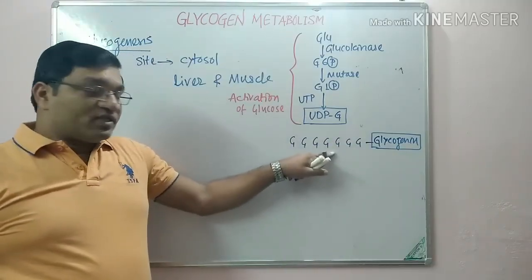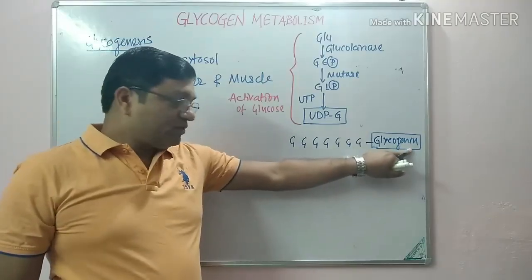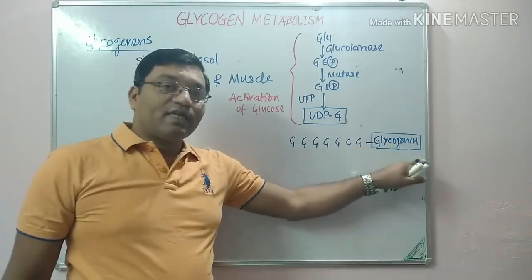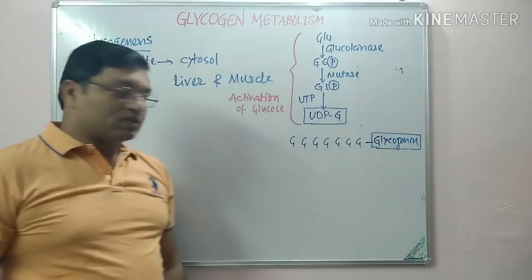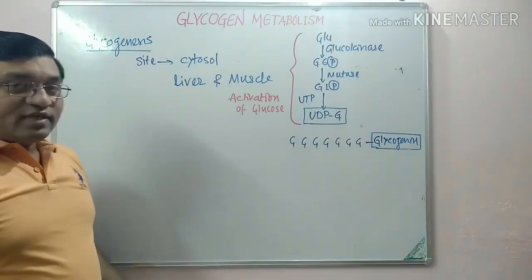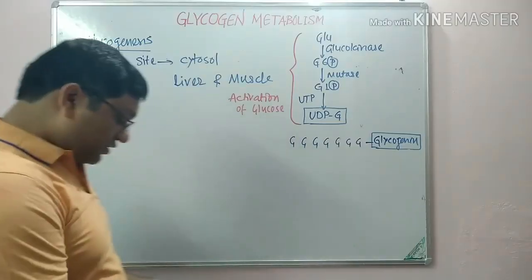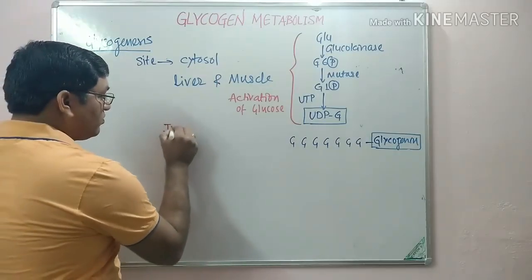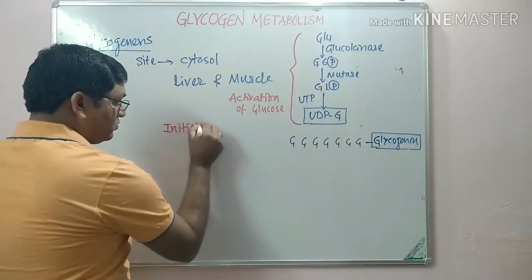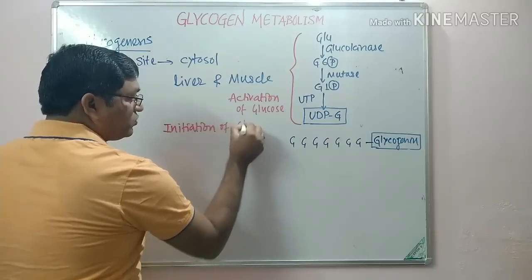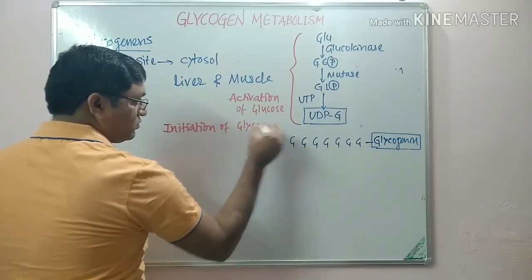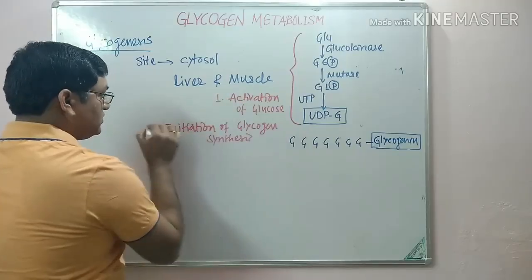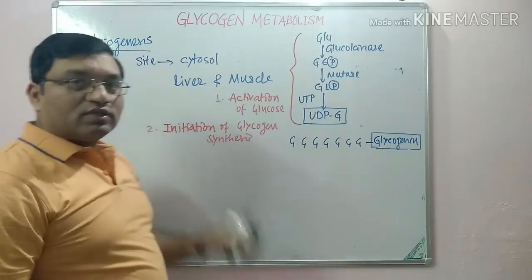The 7 glucose residues are attached to the glycogenin. In the absence of glycogen primer, glycogenin can initiate glycogen synthesis. So the second step in glycogenesis is the initiation of glycogen synthesis.